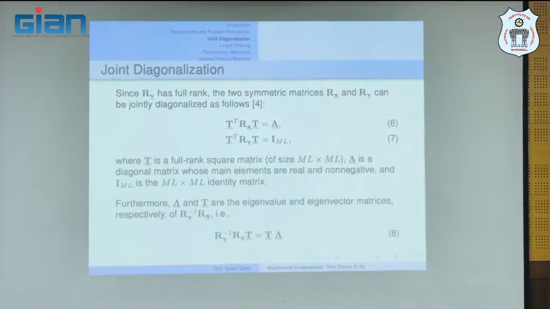So we can order them in decreasing order. Okay? So this is called either joint diagonalization or generalized eigenvalue decomposition.